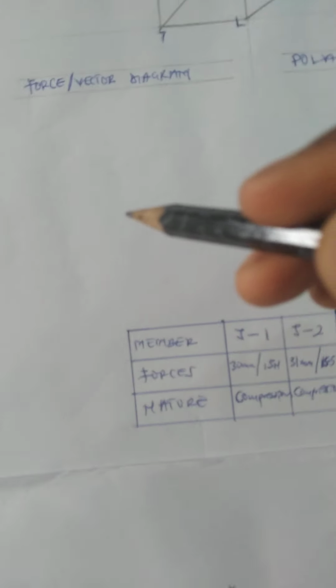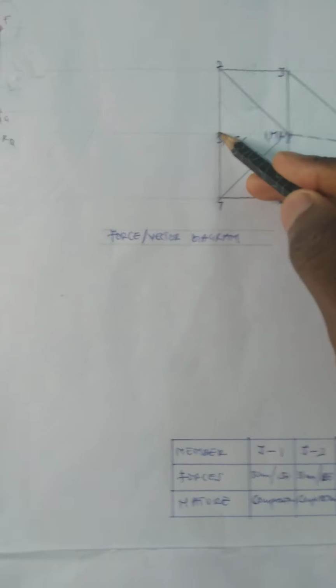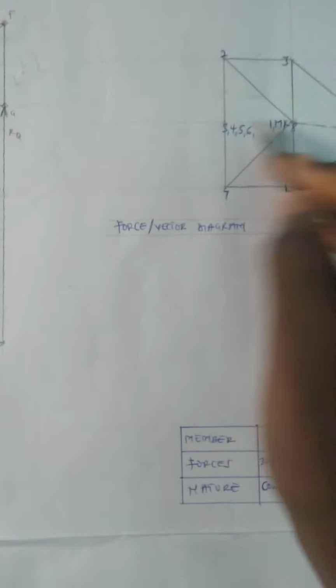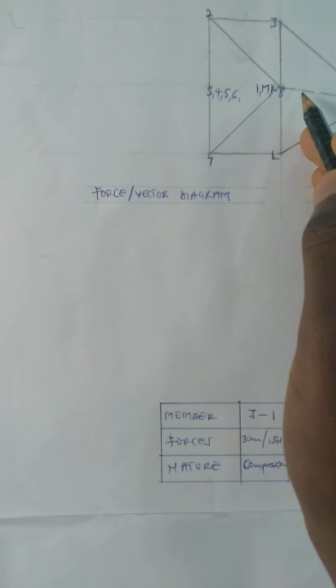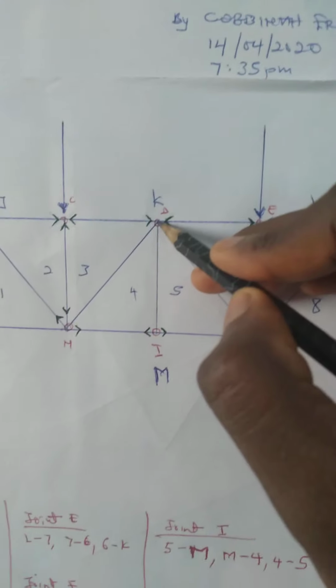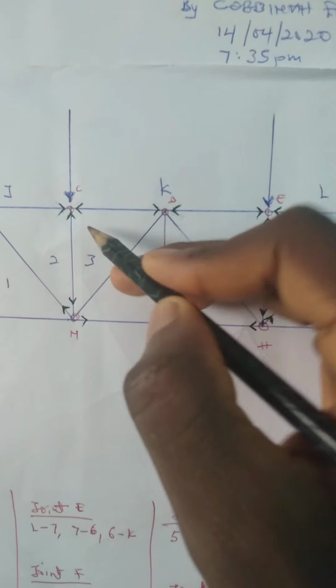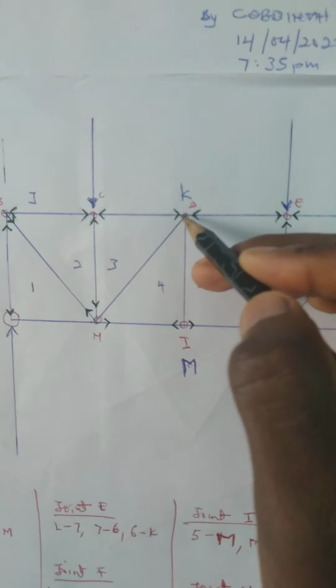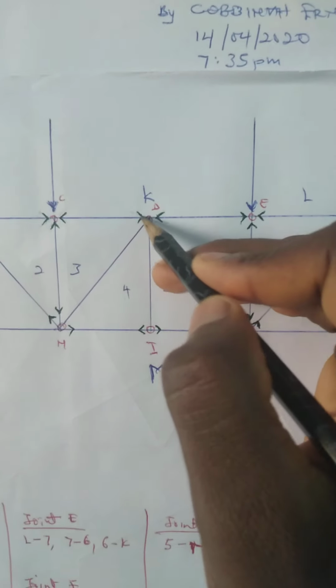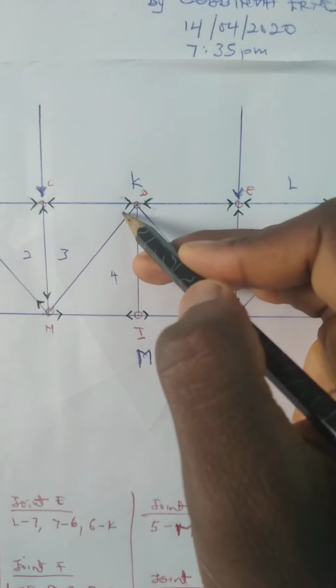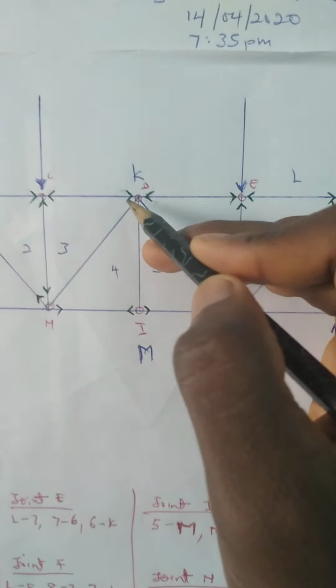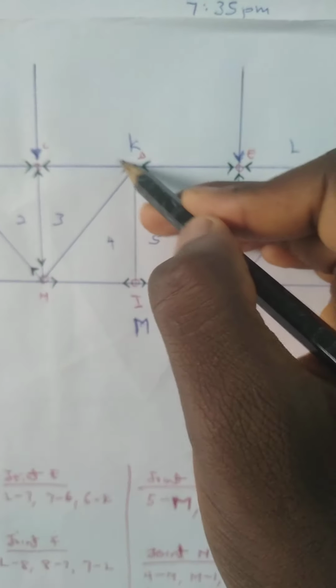Our last member here is 3 and K at joint D. This is 3. This is K. So for 3 and K, we are actually moving in this direction. So at joint D, 3 and K, which is this member, we'll be moving in this direction.